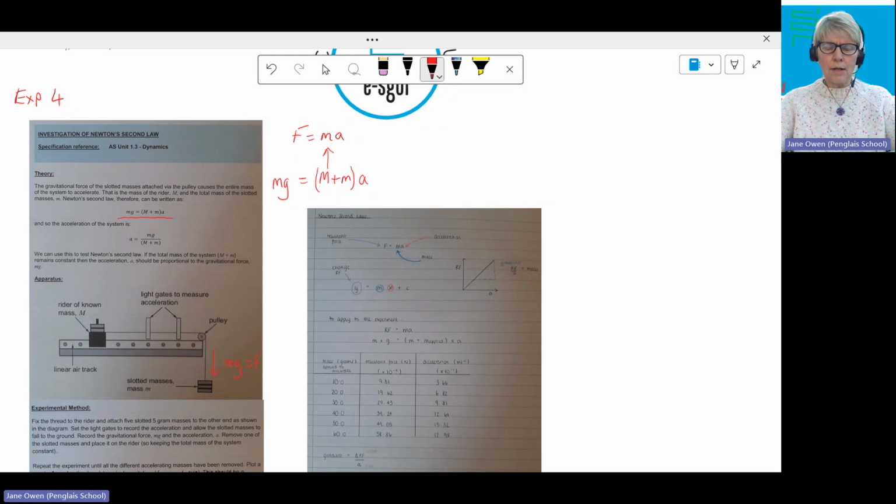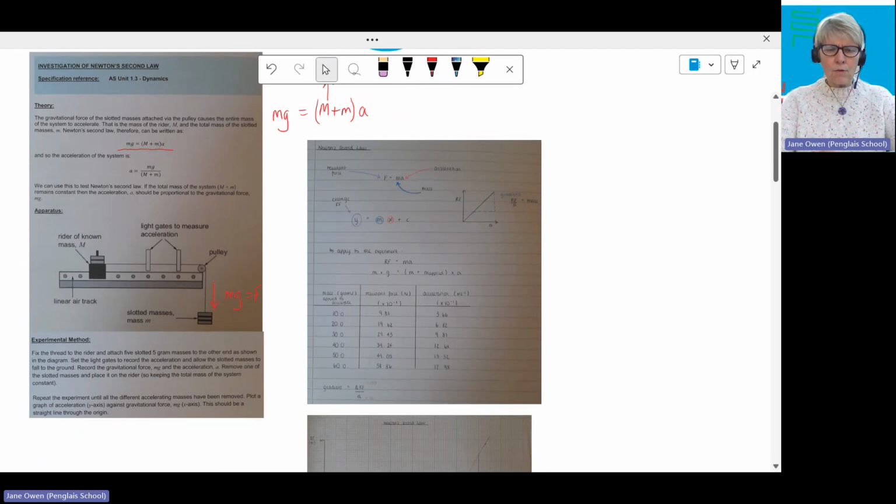Now, in order to get any graphical analysis out of this, we have to figure out what we're changing, what we're measuring, and put it to y equals mx plus c. So they are asking you to attach 5 slotted 5-gram masses to the other end. And as you add more and more masses, the acceleration will change.